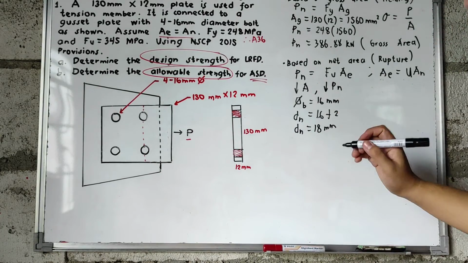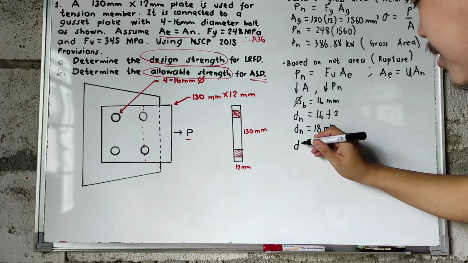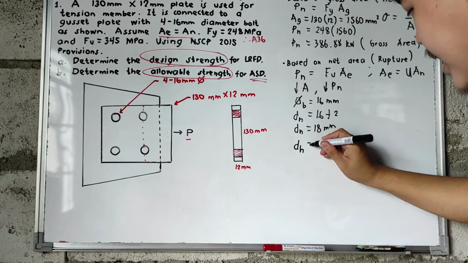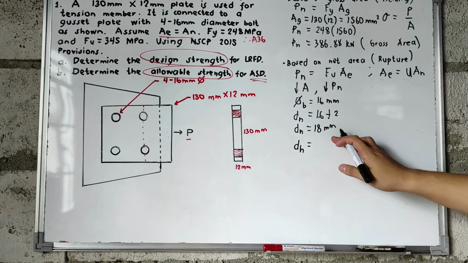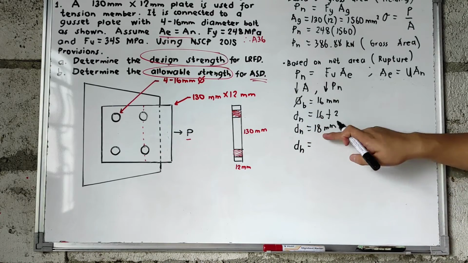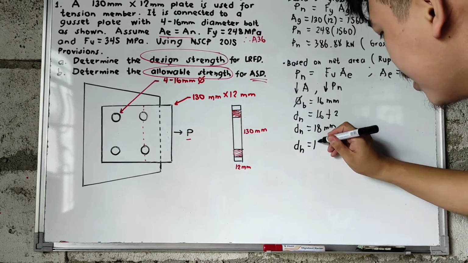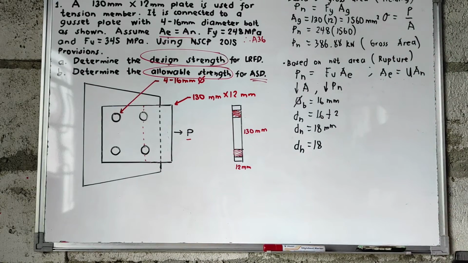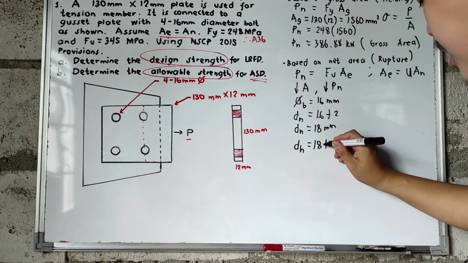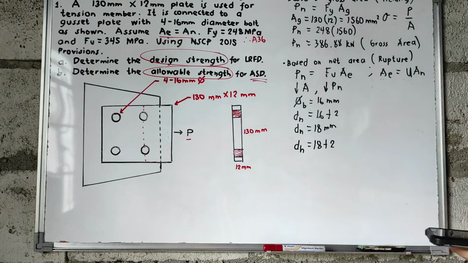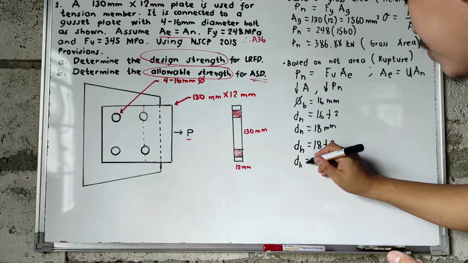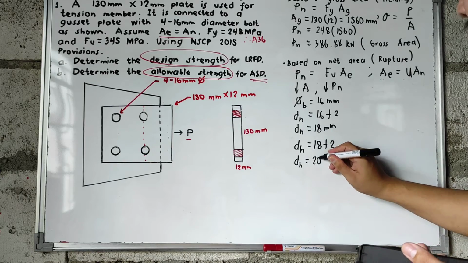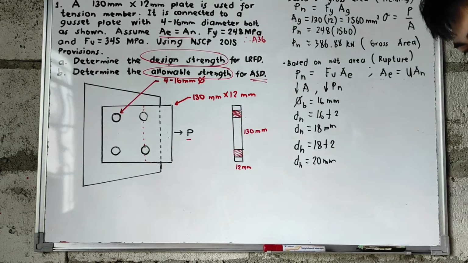And also meron tayong tinatawag na diameter of hole, that is denoted by D sub h. So mangyayari is yung sa nominal hole diameter natin na nakuha natin na 18 mm, maglalagay pa tayo dito ng another na allowance na 2 mm. So the value of your diameter of hole is equal to 20 mm.